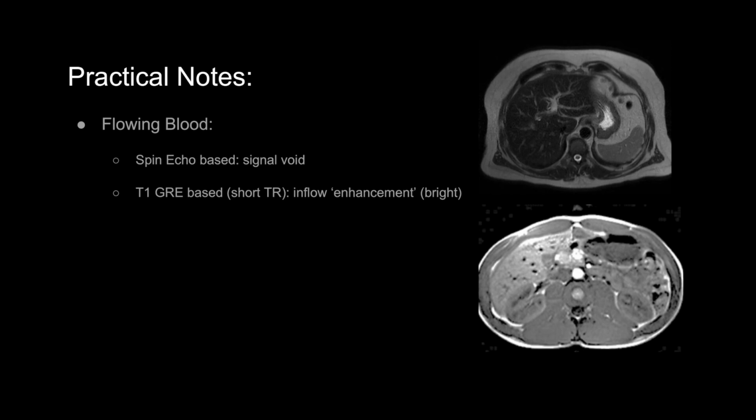So essentially, inflow is going to look bright on these T1 gradient echo based sequences. You often see this in the aorta, for example, at the superior aspect or the upper slices in the abdomen. And then in the lower slices in the abdomen towards the feet, you're going to see it in the IVC because venous blood obviously flows from the legs up towards the heart.